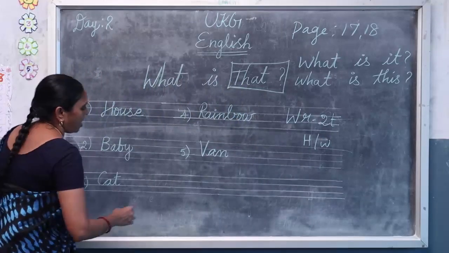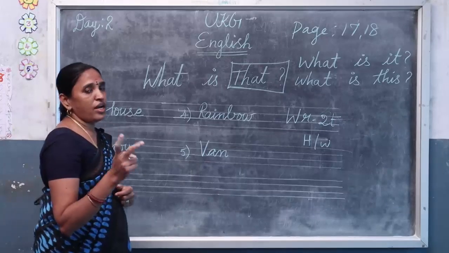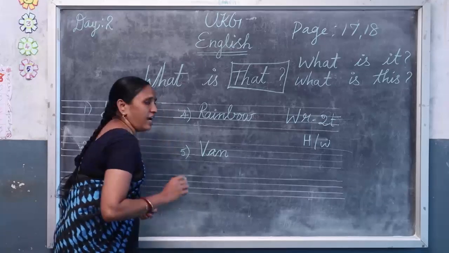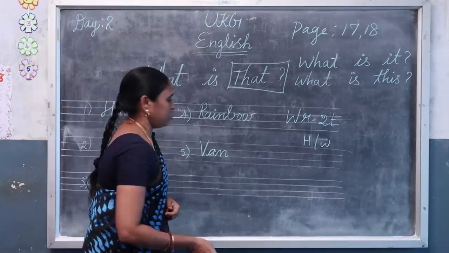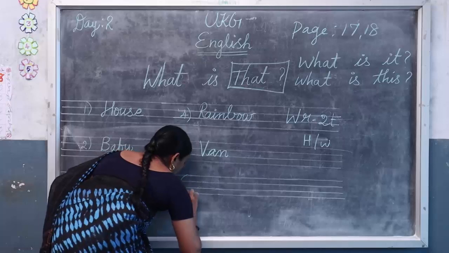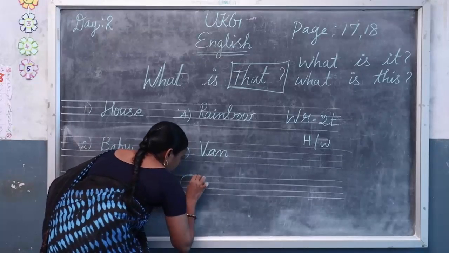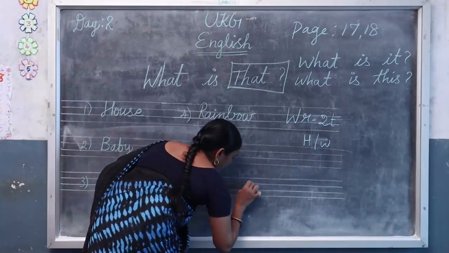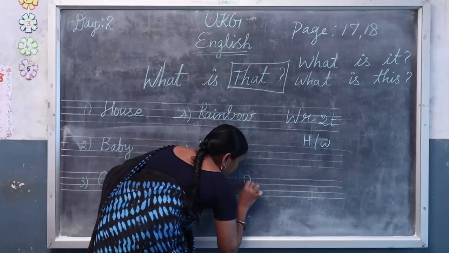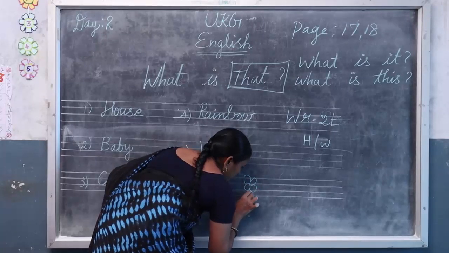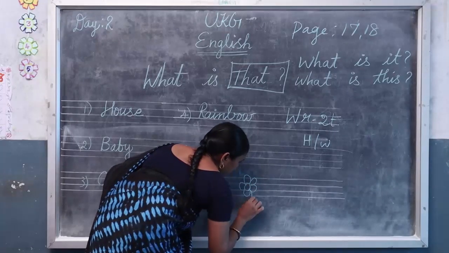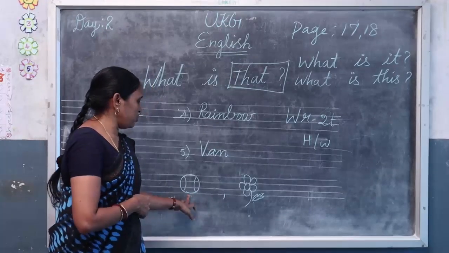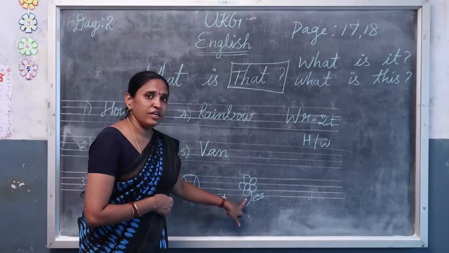And next, I draw two pictures and write the question and the answer. I draw the first picture, a ball, and the next picture, a flower. Students, the first picture is a ball and the second picture is a flower.